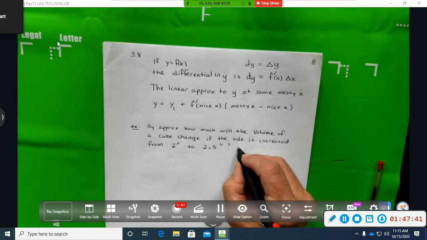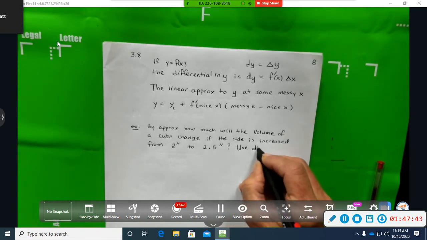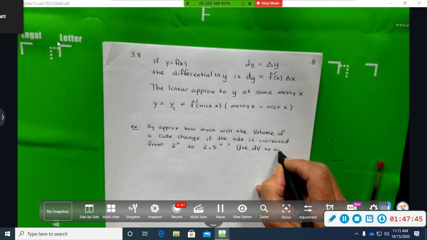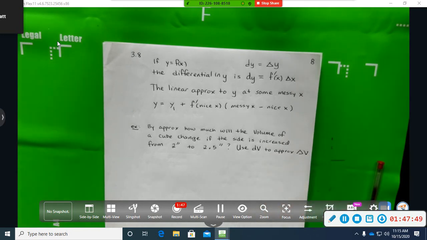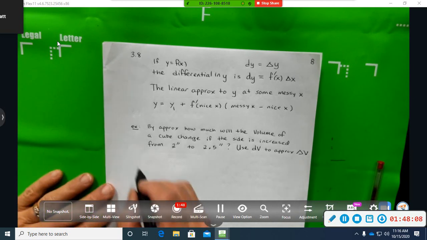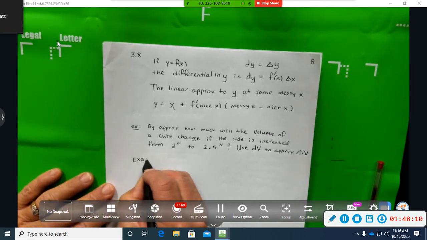Use dV to approximate the exact change in volume. Because if you were to find the exact change in volume, you'd have to find the volume of the cube when each side was 2.5 inches and subtract the volume of the cube when each side was 2 inches. So the exact change is not too hard to find.